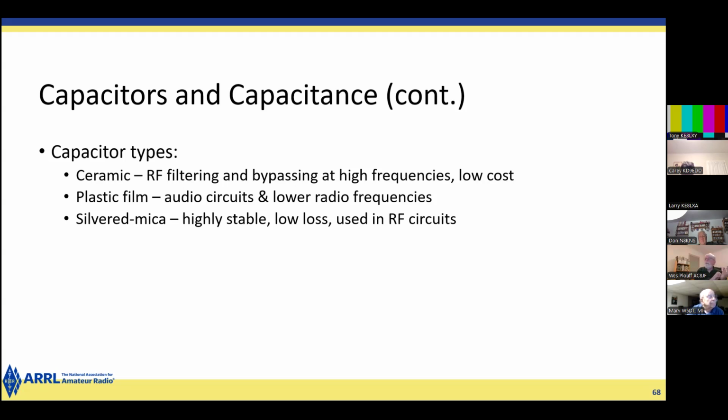They are highly stable, meaning that the value doesn't change very much with age or with temperature, so they're used in radio frequency circuits a lot. Electrolytic and tantalum capacitors, because they have chemical dielectric, are generally used at fairly low frequencies and in applications like power supply filtering.